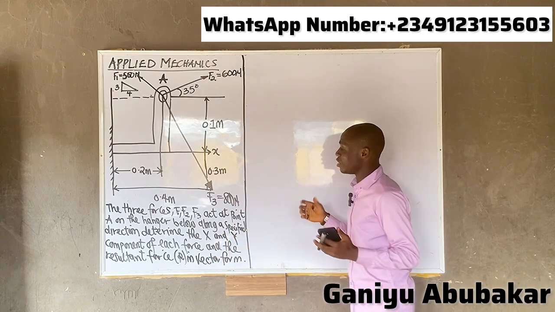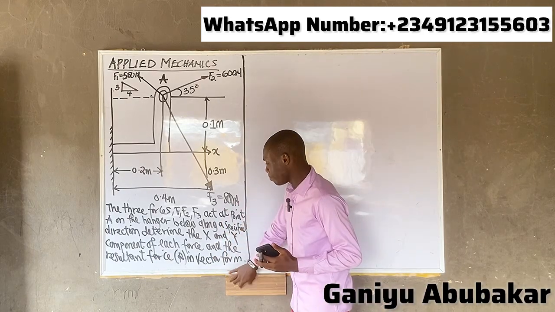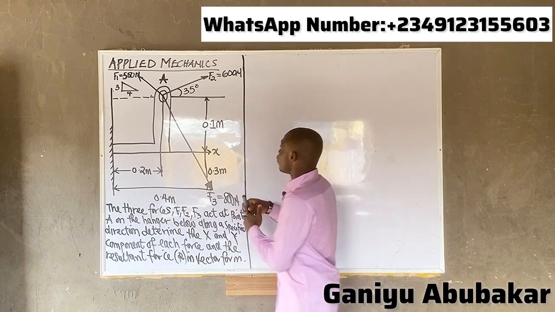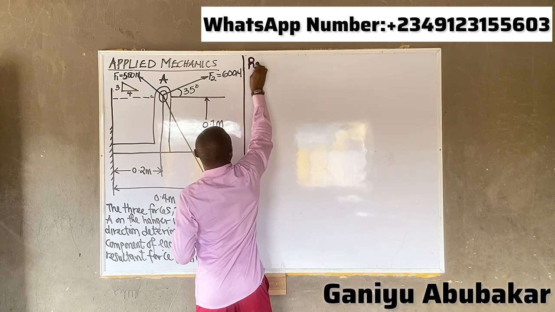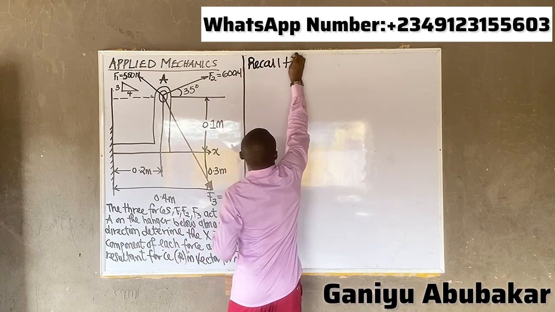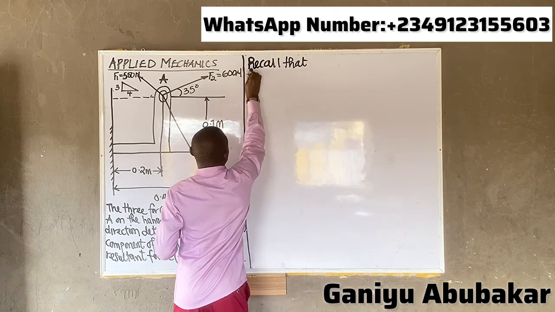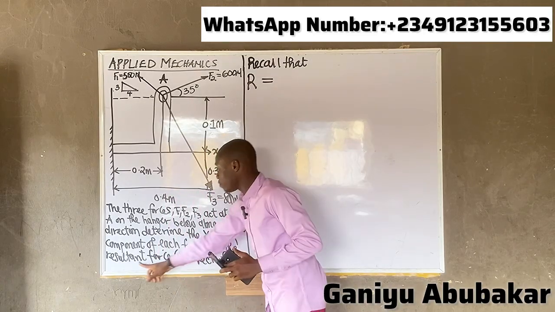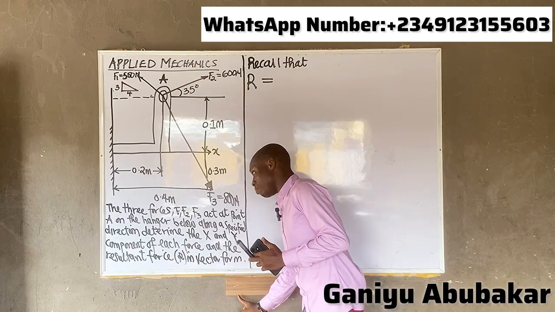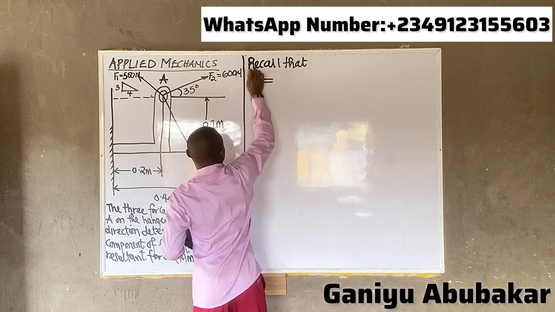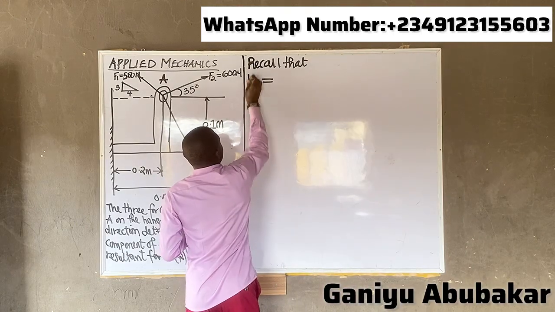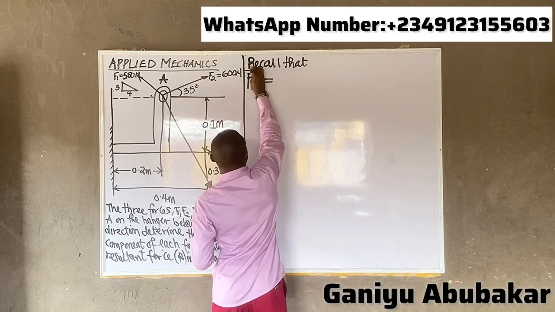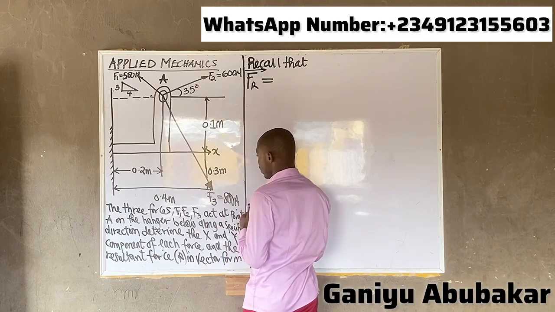Basically, from initial knowledge, when we are asked to find resultant force, what do we know? Recall that I gave you the formula. It says resultant force in vector form, so I'll not use R. I can say FR, resultant force in vector form, with an arrow here that indicates the vector form.